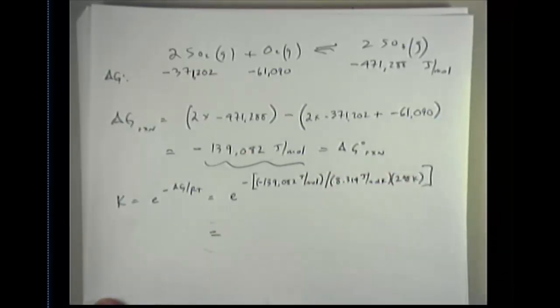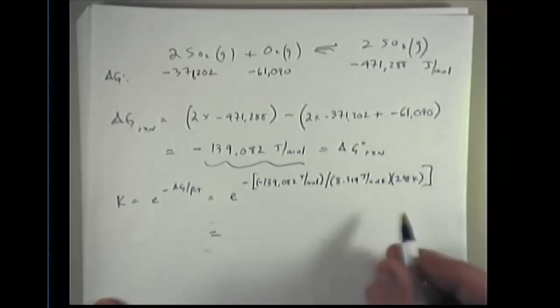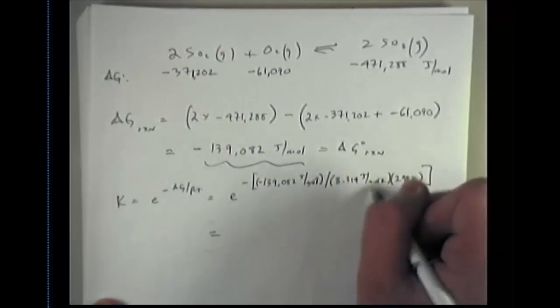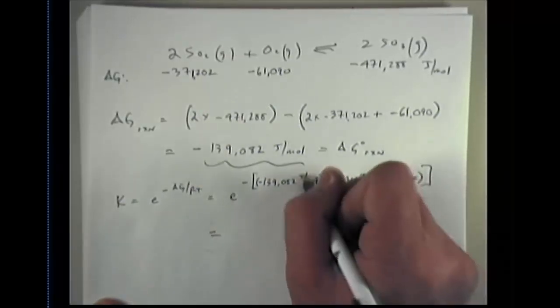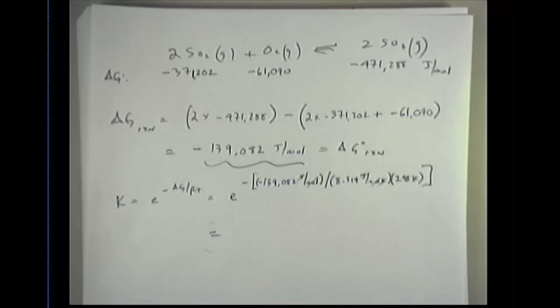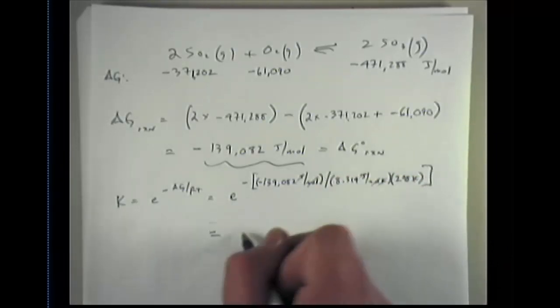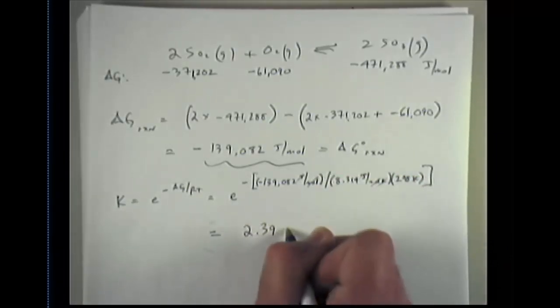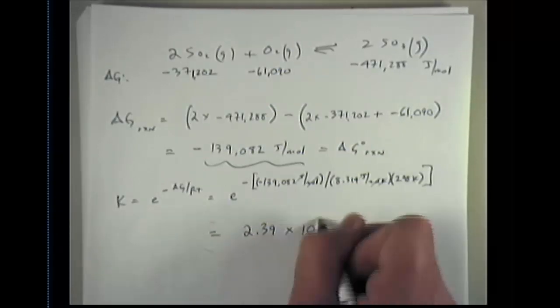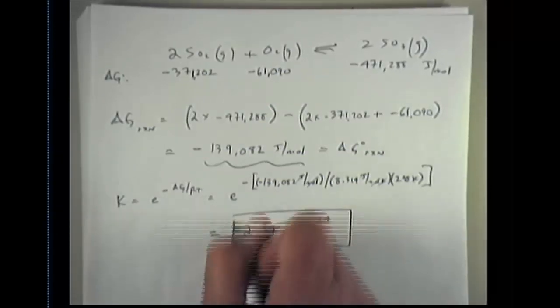When I throw that into my calculator, one thing I hasten to point out is that the units all cancel each other out nicely, leaving me a unitless value for my equilibrium constant, which is what I expect. The final number ends up being 2.39 times 10 to the 24th.